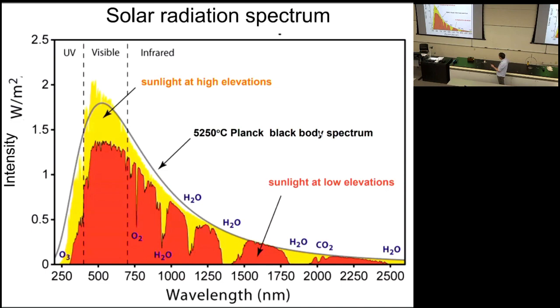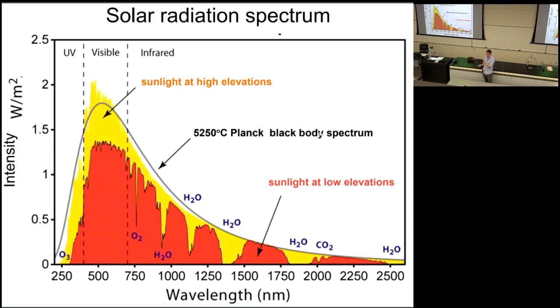The black line is a theoretical line for a perfect black body at the temperature of the sun. So that's this solid, thin black line. If the sun was a perfect black body, it would have a spectrum of electromagnetic radiation that would look like that black line.